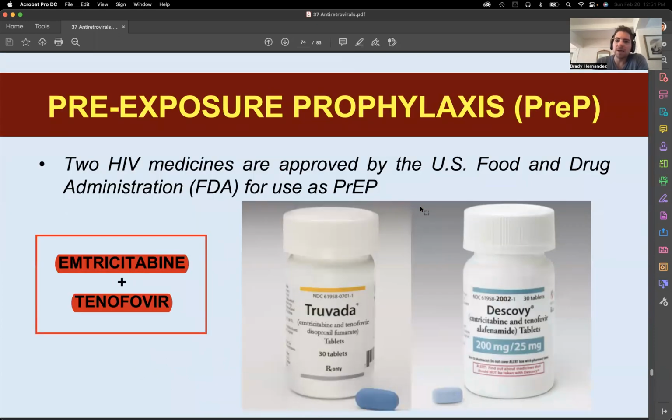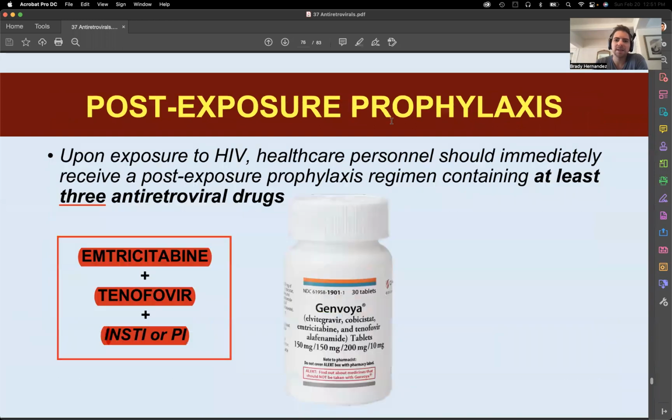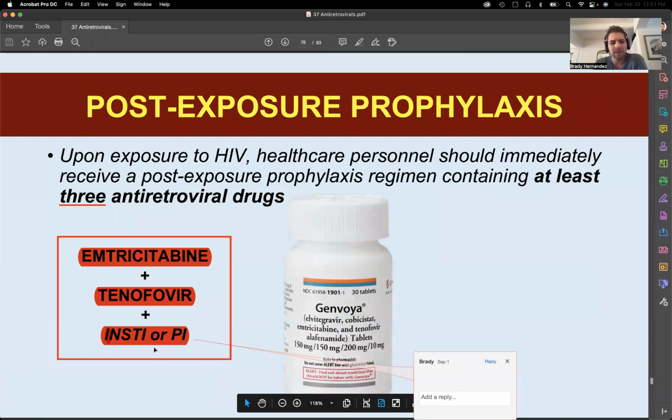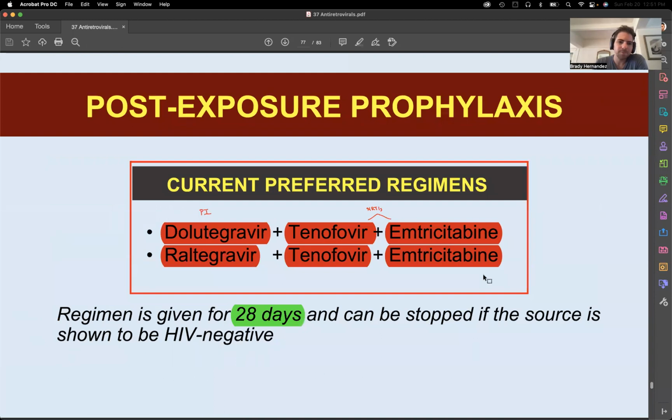So then they go into these, definitely know these because this is how they're going to test you on this stuff. So pre-exposure prophylaxis, and post-exposure, you kind of add one of these protease inhibitors or these integrase inhibitors as well, right? And then preferred treatment for post-exposure is always a 3-drug combination, a PI plus the NRTIs, okay?